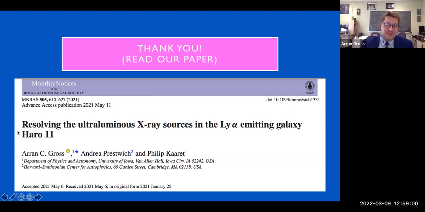I would love to do more investigations along these lines. In fact, I think there's a lot in the eROSITA survey that you could use some of these lines of reasoning on to look for more ULXs and certainly X-ray binaries, and see if there is a definitive link between those objects and Lyman alpha emission.